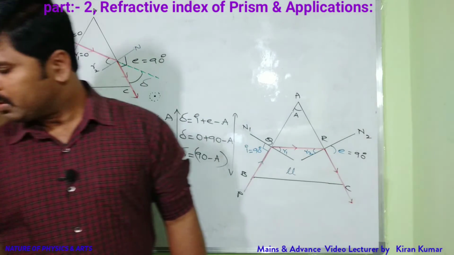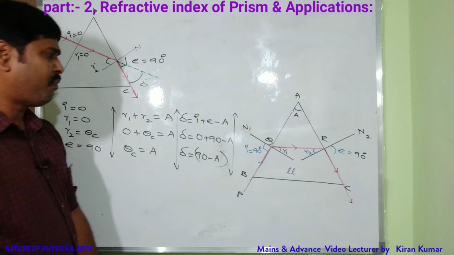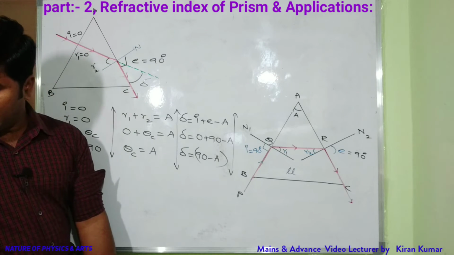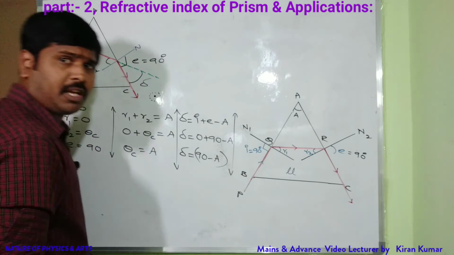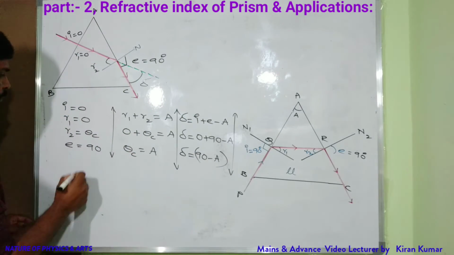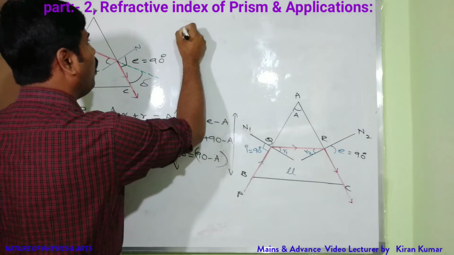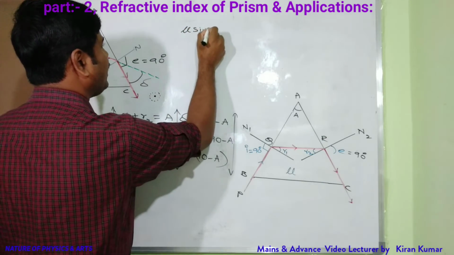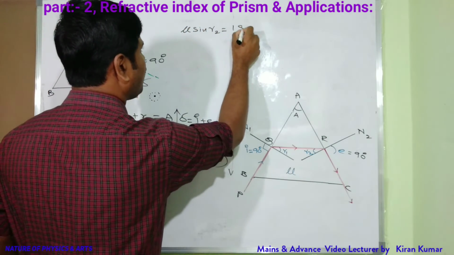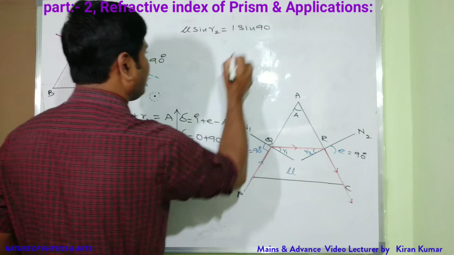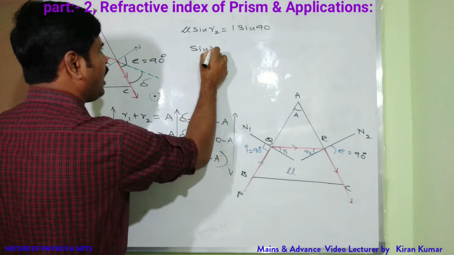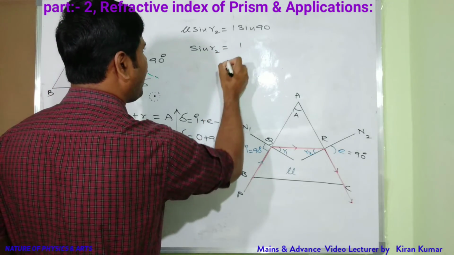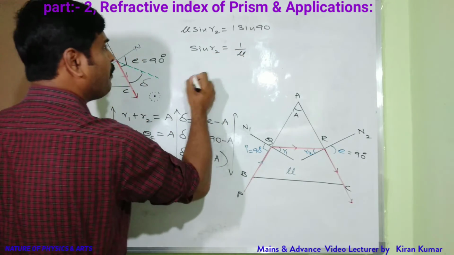Now, based on the values we can find the critical angle value, that is light traveling from the denser medium to the rarer medium, that is mu sine r2 is equal to 1 sine 90 degrees. That is sine r2 is equal to 1 divided by mu.